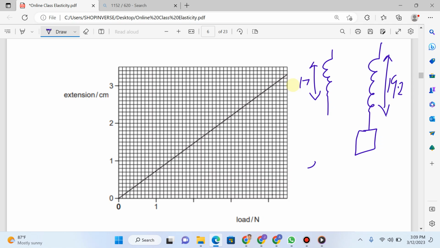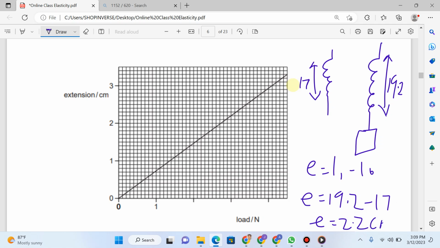What does that mean? You can calculate the extension by saying L1 minus L0. L0 is the unstretched length, which is 17 cm. So you have the extension as 19.2 minus 17, so your extension is 2.2 cm. It's understood, right?